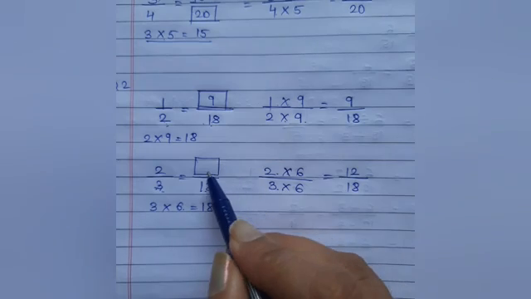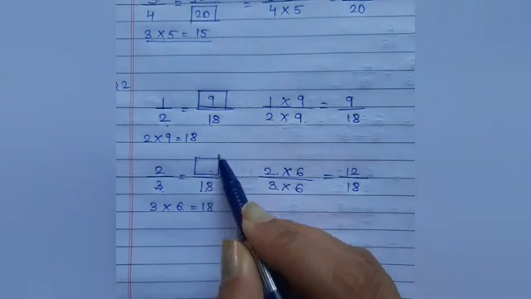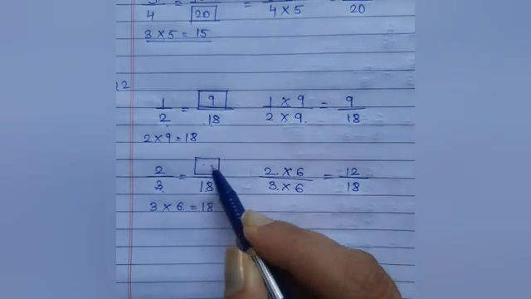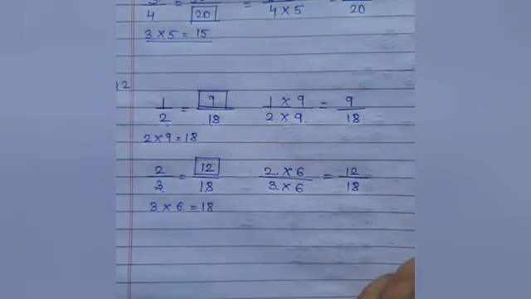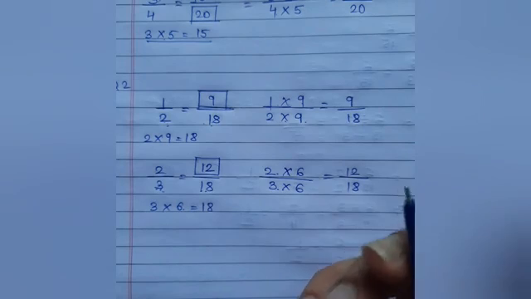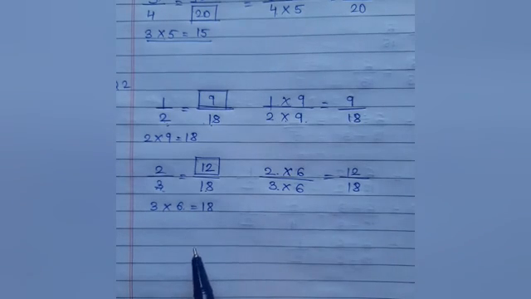So the required numerator for this equivalent fraction is 12. Similarly and likewise, you will be solving the other sums from question 2.